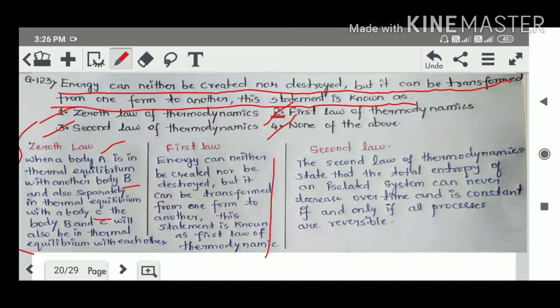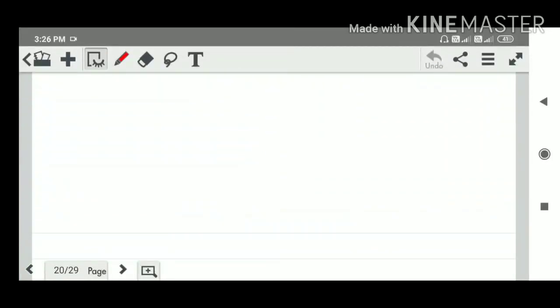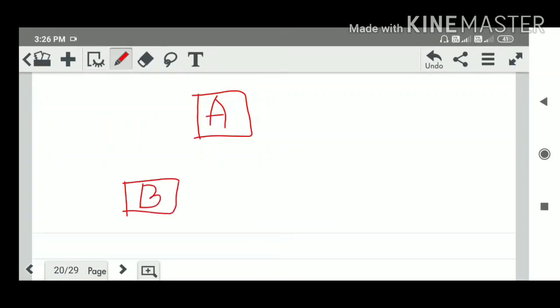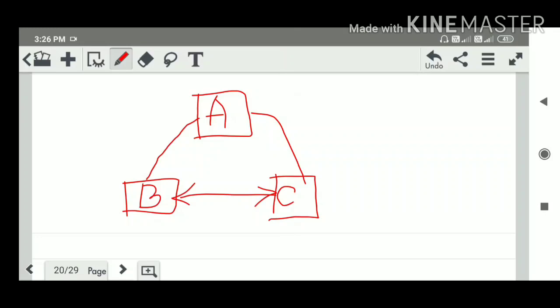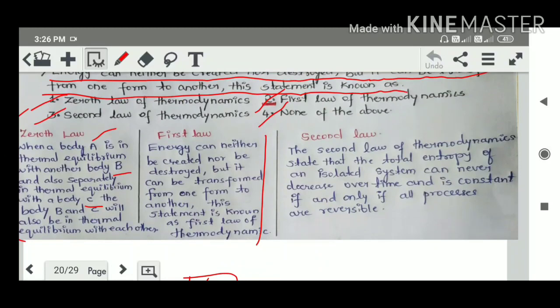Okay friends, you see here, this is the body A, this is the body B, this is the body C. Body A is in thermal equilibrium with body B and also separately with body C. Then the zeroth law says that both body B and C will also be in thermal equilibrium with each other. This is the zeroth law of thermodynamics. Okay friends, then the second one is the first law of thermodynamics.